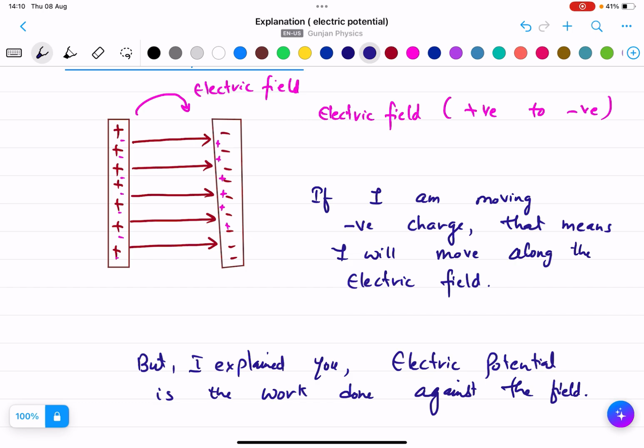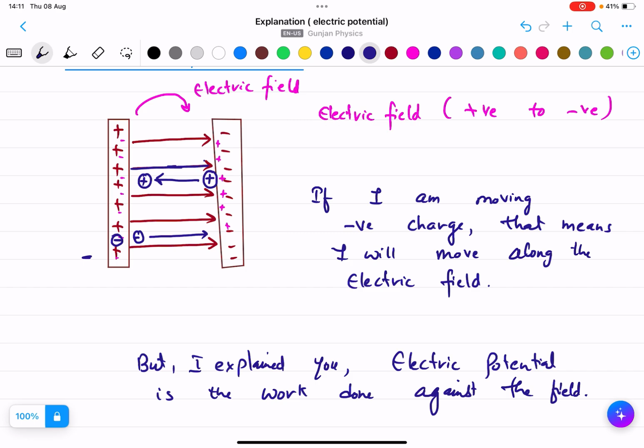basically this side is negative, and if we are moving this negative charge from here to here, that means we are moving along the electric field. That means there is no work done. But if I am moving a positive charge from here to here, then my movement is opposite to the electric field.